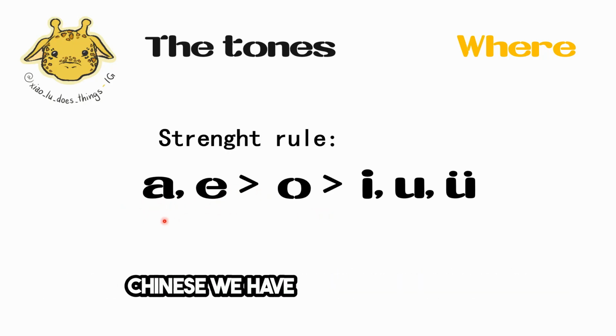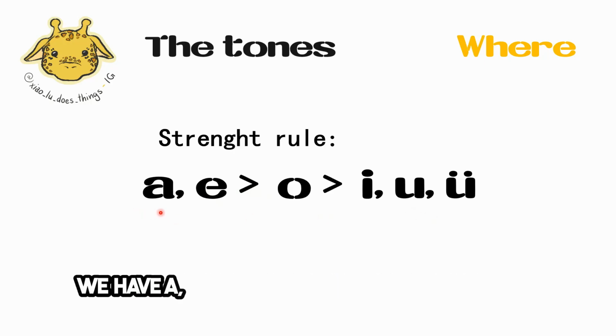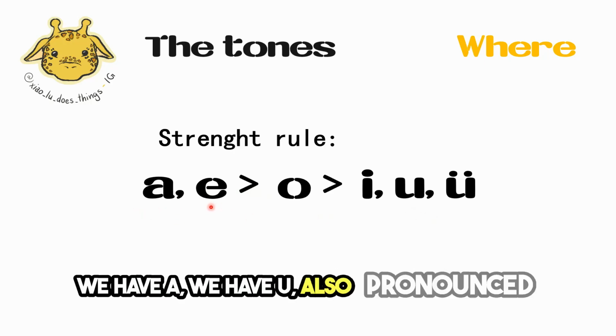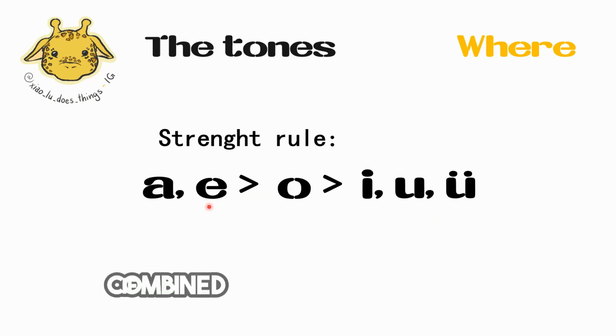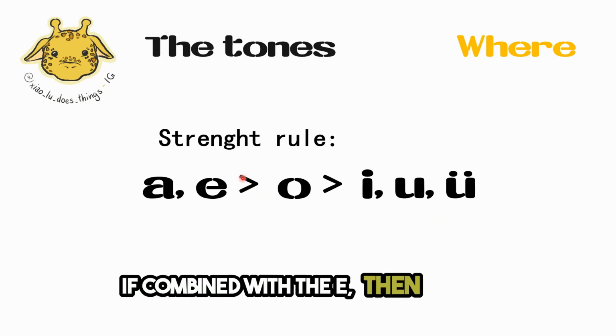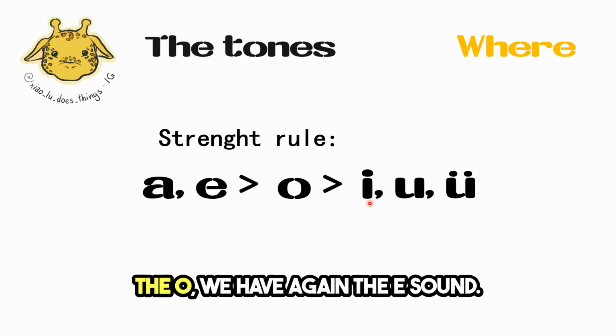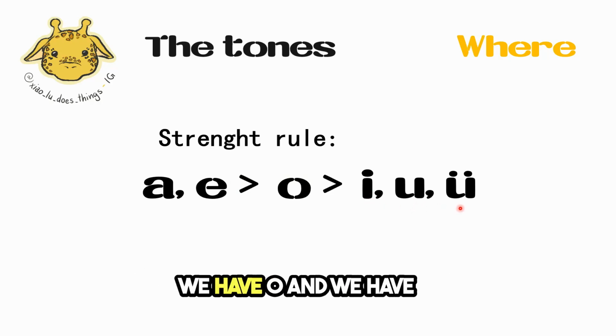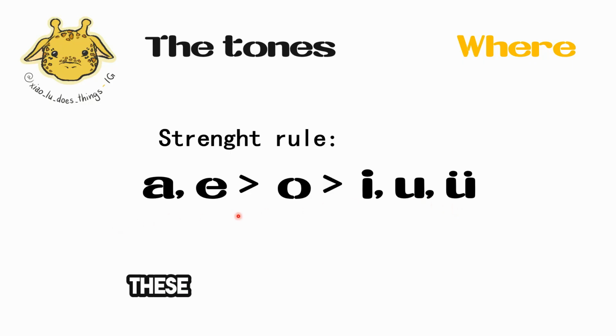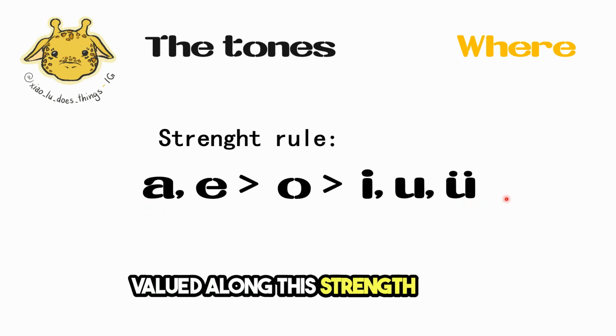In Chinese, we have 6 vowel sounds. We have A, we have U, also pronounced as E if combined with the E. Then we have the I sound, we have U, and we have Yu. These vowels are valued along this strength scale.